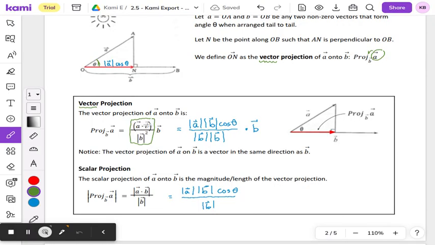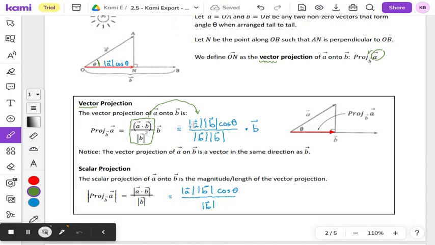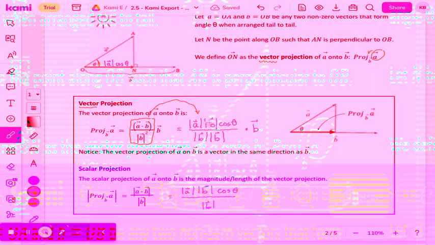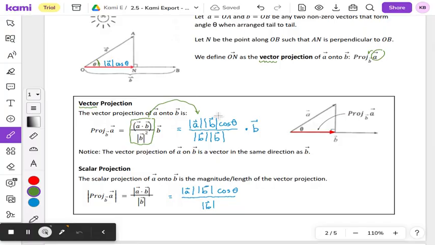I have my dot product divided by the square of the magnitude of B, my bottom vector. When I shifted from here to here, I just wrote out my geometric formula for the dot product, which is the magnitude of A times the magnitude of B times cos theta, and then I broke up the square, so magnitude of B times the magnitude of B.